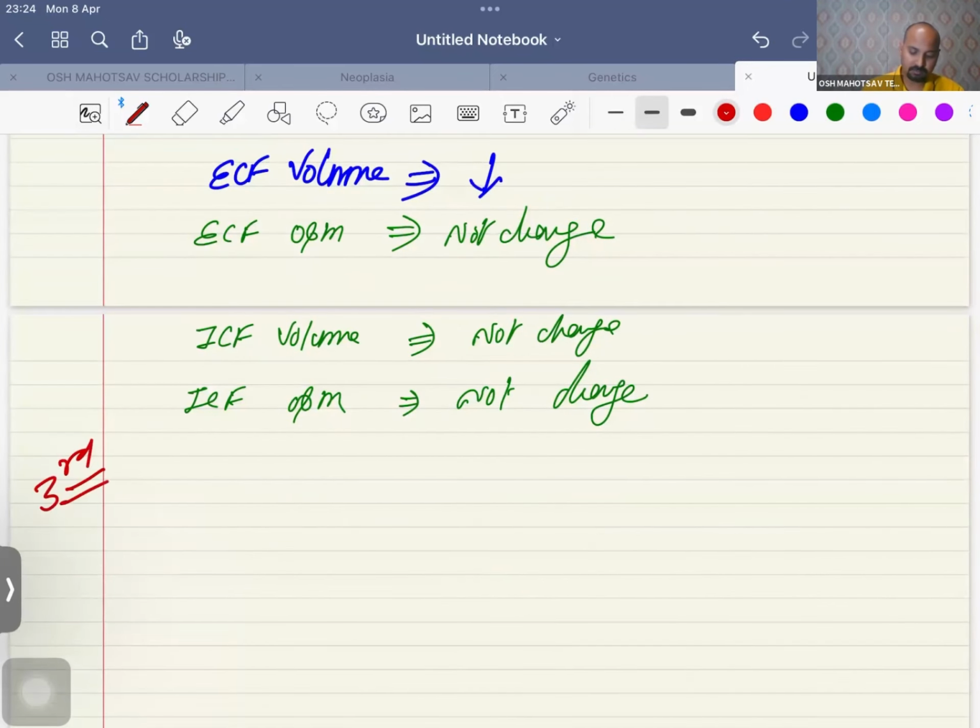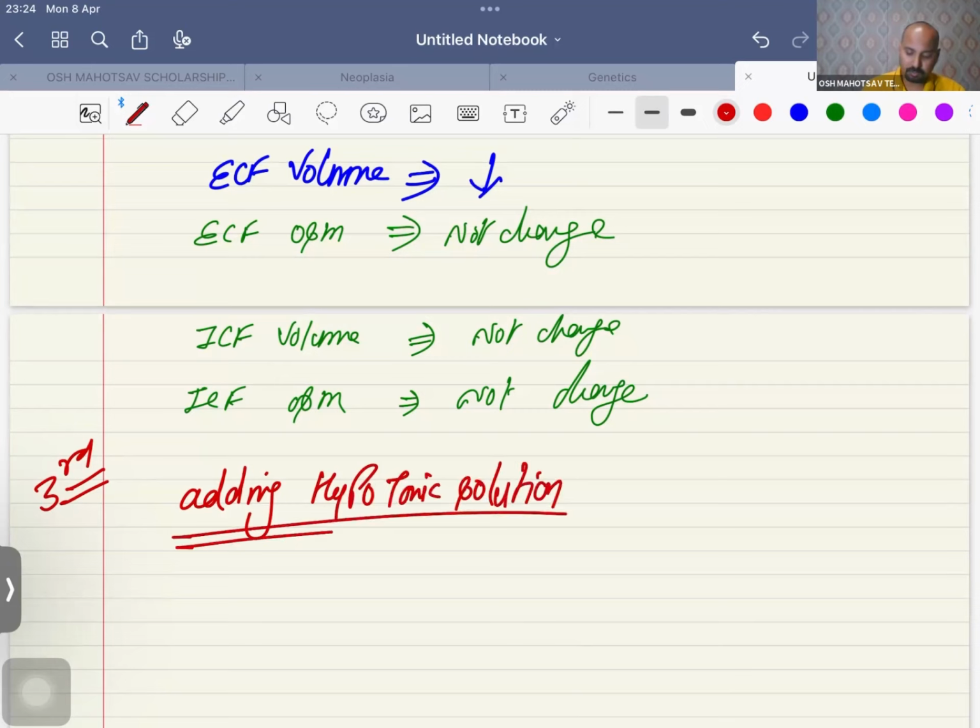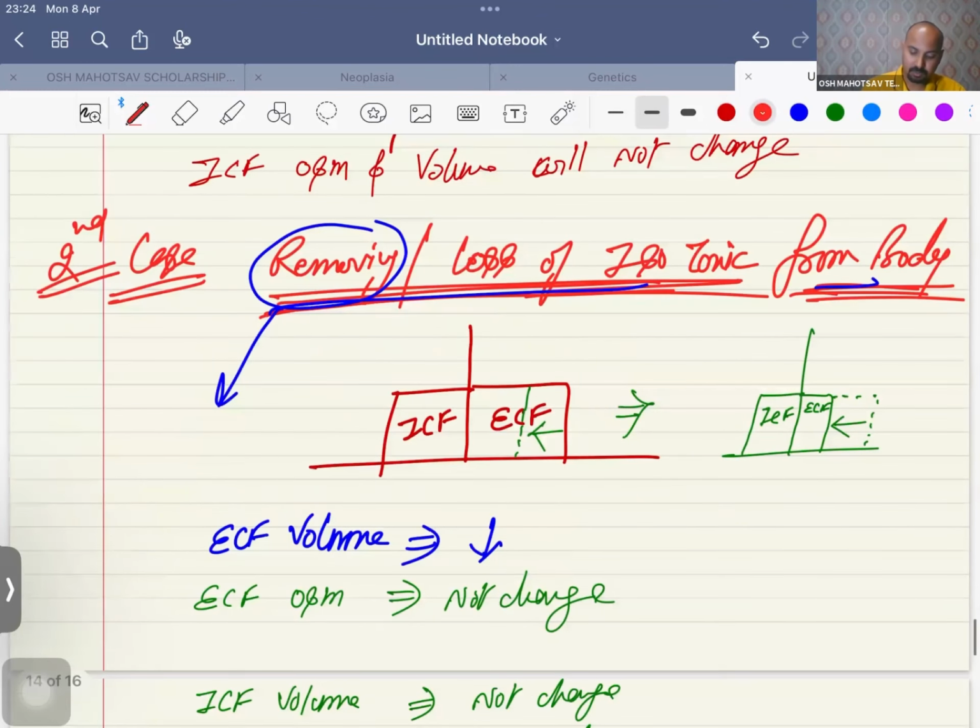In the third case, we have adding hypotonic solution. Before that, we have examples of loss of isotonic solution.